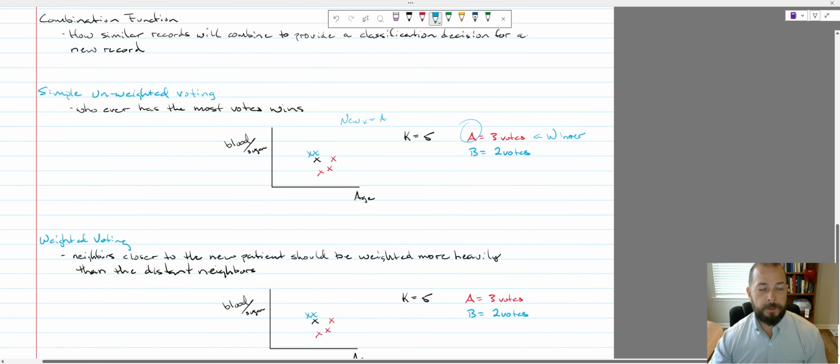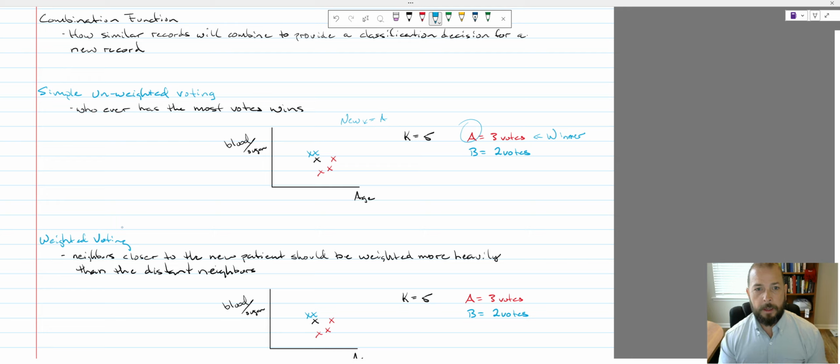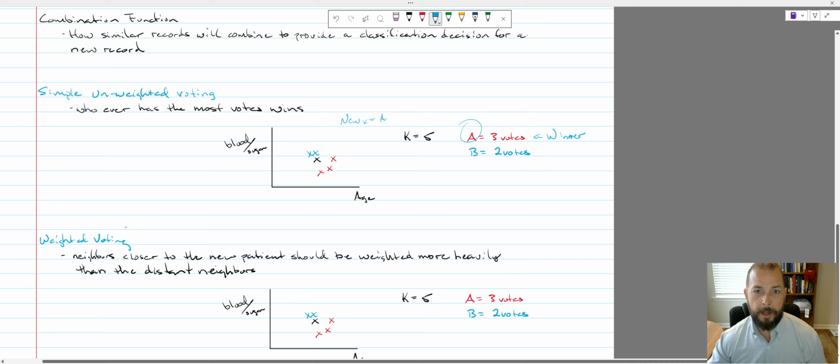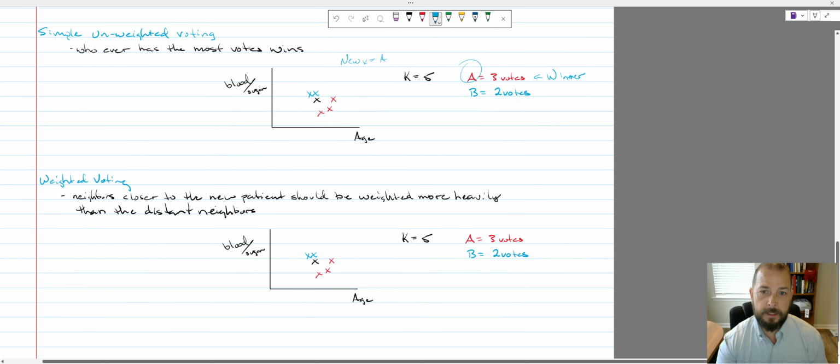With weighted voting, I may determine that some of those instances should be weighted more heavily than others. In weighted voting, neighbors that are closest to my new patient are weighted more heavily than the ones that are more distant. Again, my K is still equal to 5, so I'm still looking at the 5 closest records to my new patient.